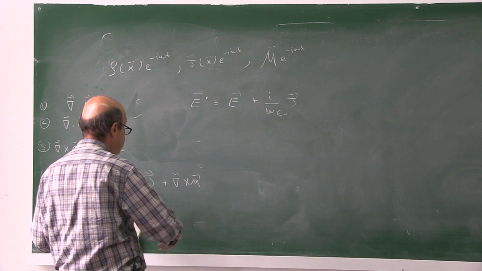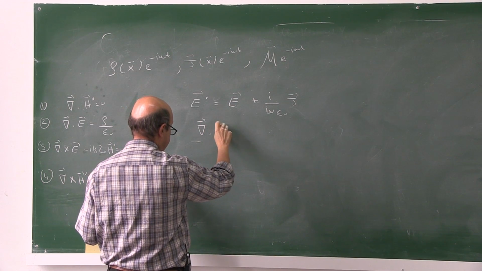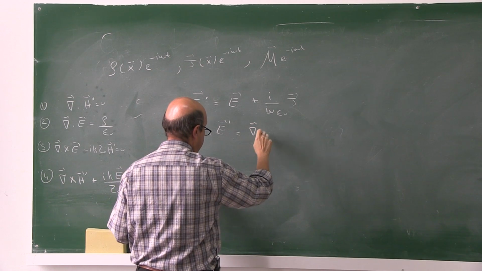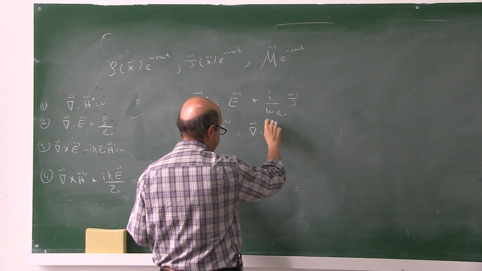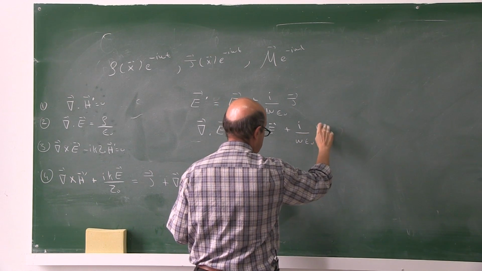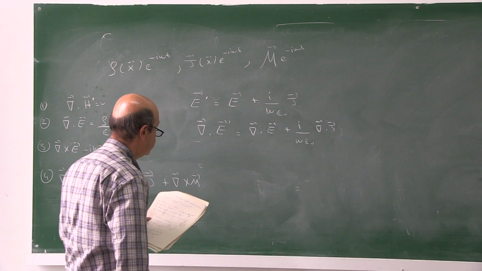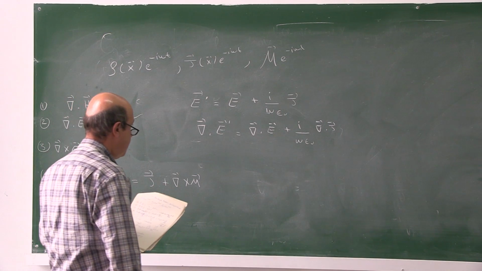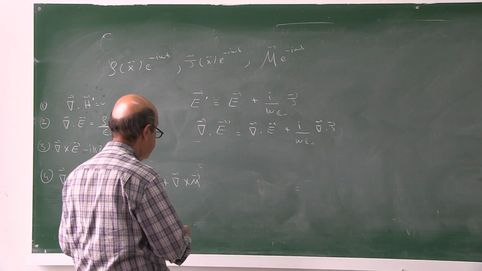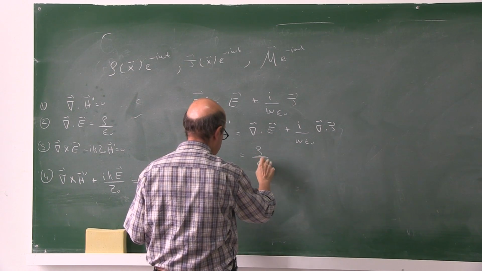So del dot E prime will be del dot E plus I omega over epsilon 0 del dot J. What is del dot E? Del dot E is rho over epsilon 0 here.